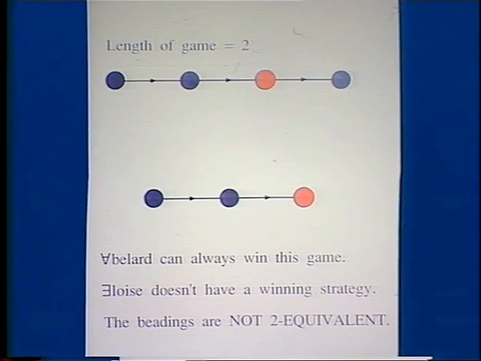And if you think about these two beadings, it's not too hard to see that Abelard can always guarantee to show within 2 steps that the two beadings are different. So Eloise doesn't have a winning strategy for the game of length 2 on these two beadings. And this shows that the beadings are not 2 equivalent. They're 1 equivalent, but not 2 equivalent.